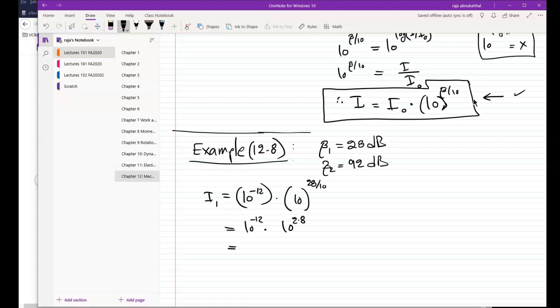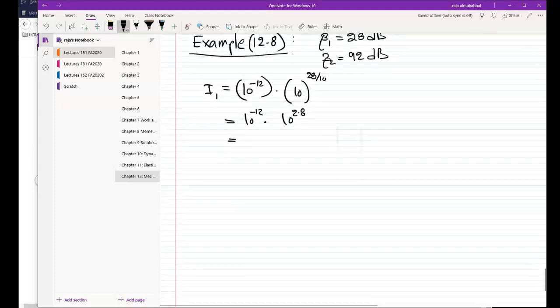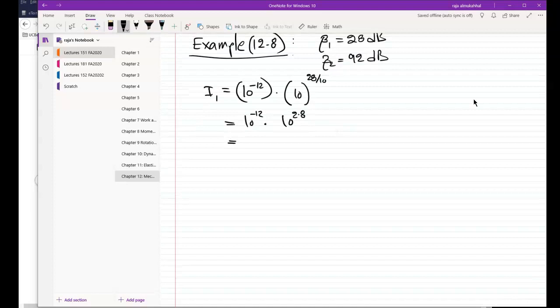So 10 to the power of 2.8 equals, I got 630.957. I have here 10 to the negative 12, I'll come back to this in a sec.